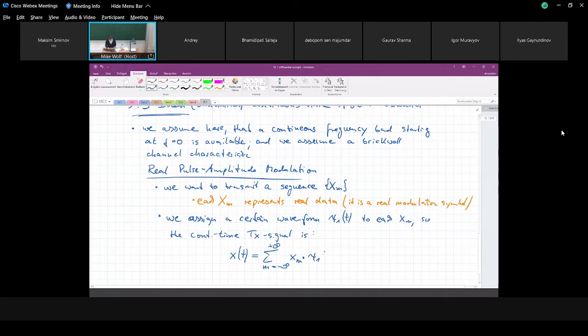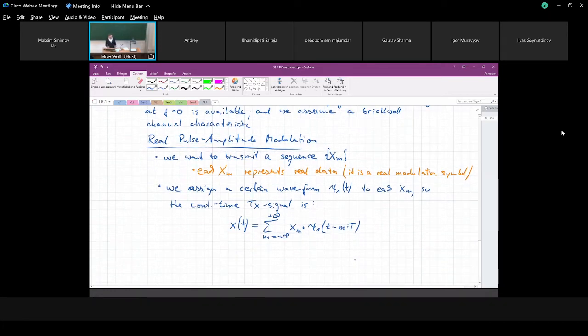Then we generate this waveform according to the modulation interval, so minus m times capital T. And capital T is the modulation interval. So this is the time interval where basically a new modulation symbol is generated.